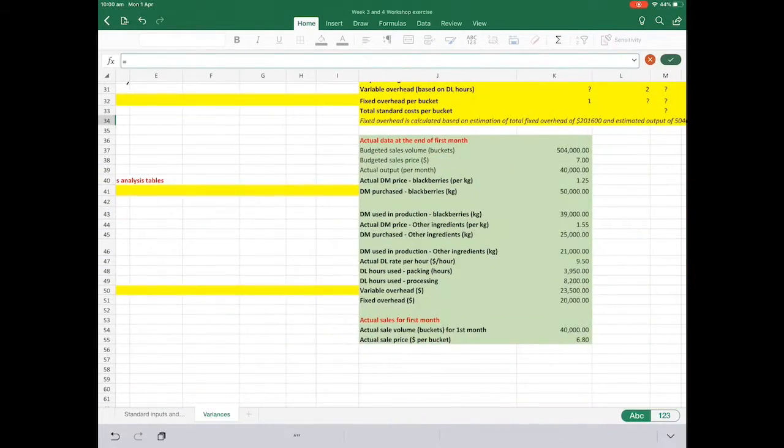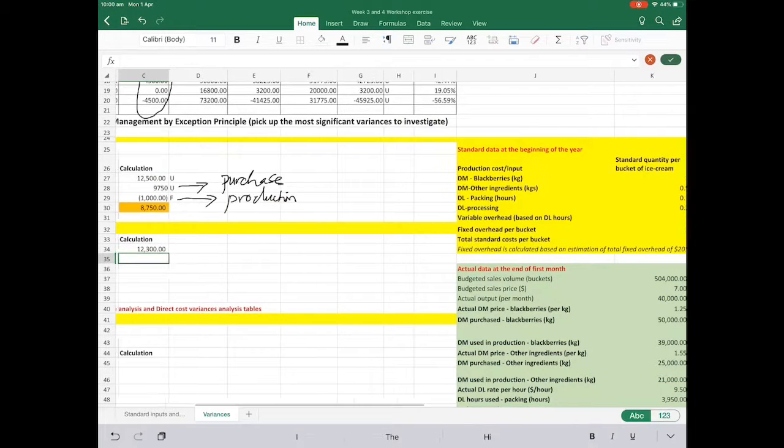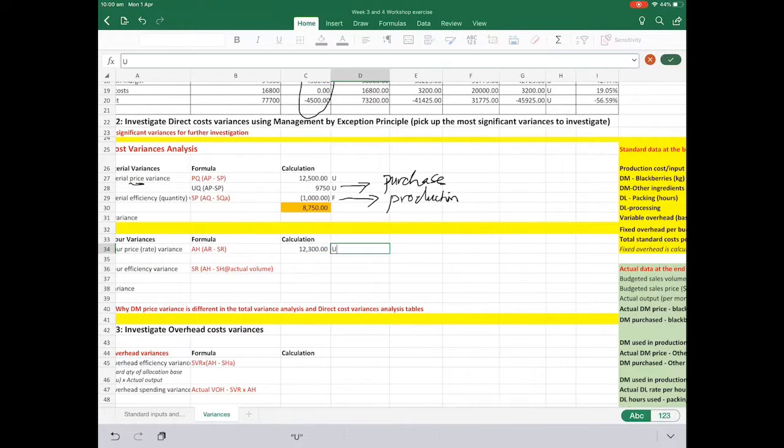So we will look at the actual data for processing, which is this amount, and then we times it with the actual rate, which is this one, minus the standard rate. That is the rate per unit of direct labor, and then we enter. This one is unfavorable because we have paid more than we planned to pay.